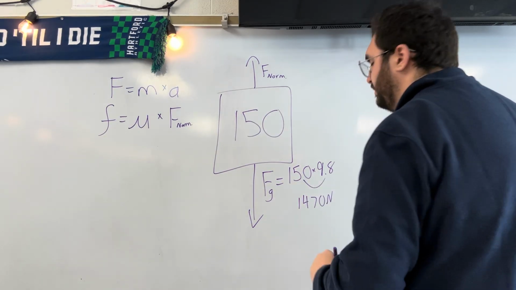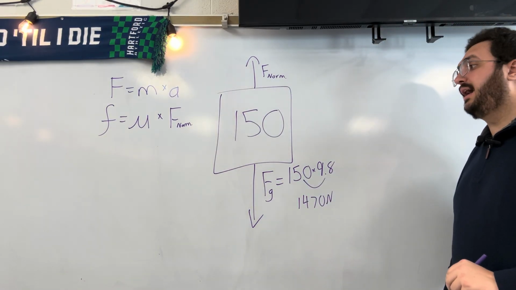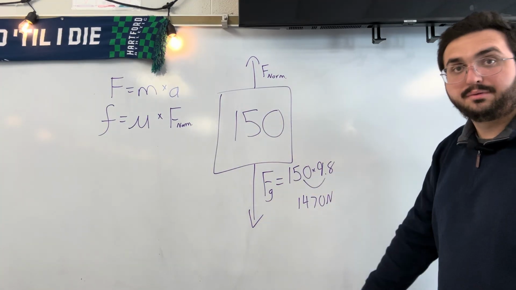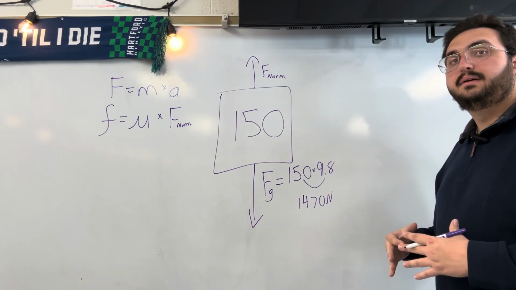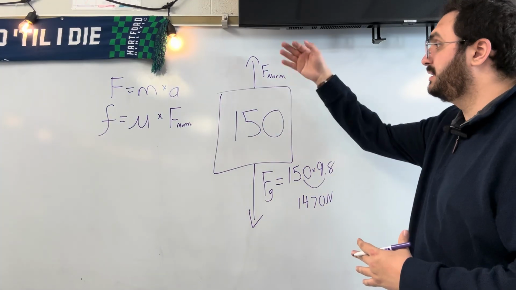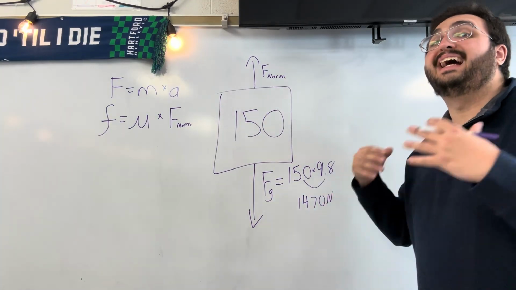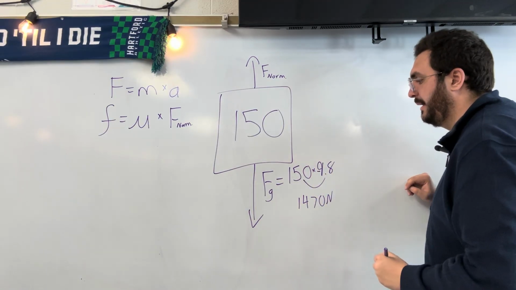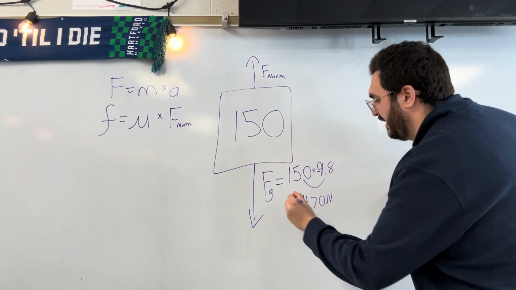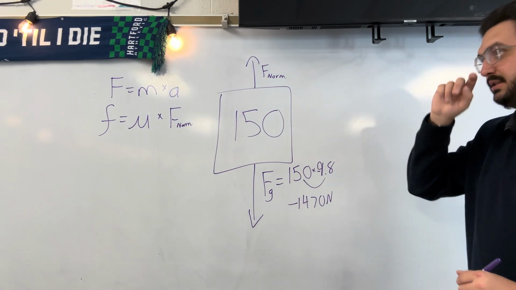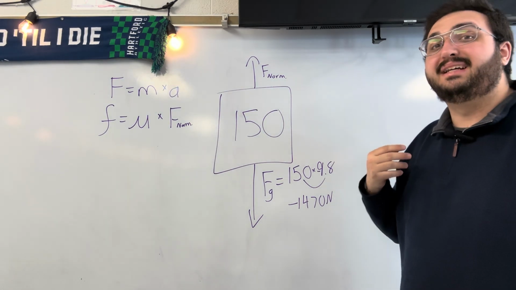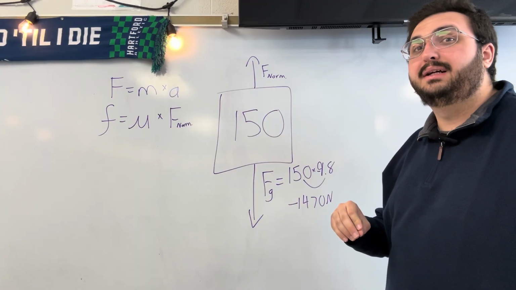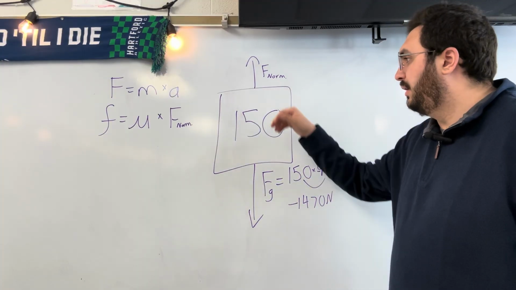Now, I also need to understand this is pointed down. My acceleration is pointed down. Generally speaking, when we have something vertically pointed down, we call that negative. So this should technically be a negative 9.8, and it should be negative 1,470 newtons. The reason why both myself and a lot of other teachers don't necessarily write that negative all the time is because we already know it's pointed down.